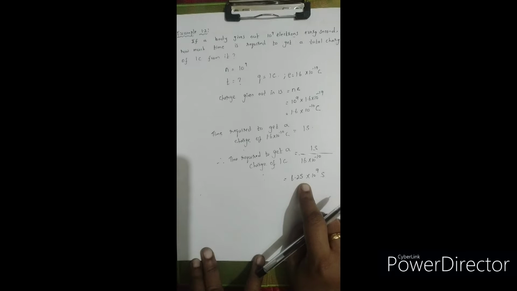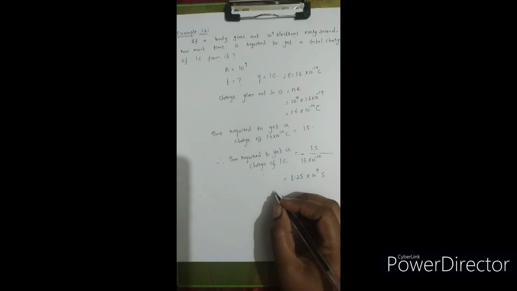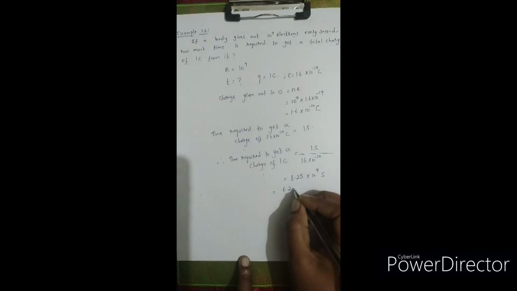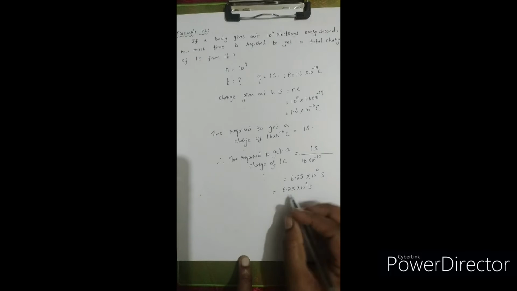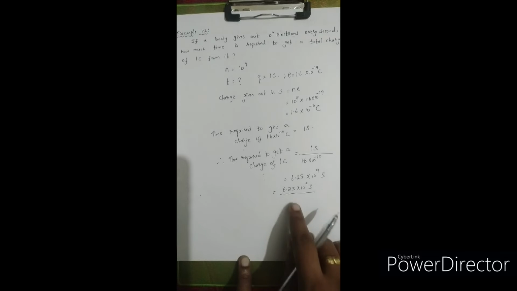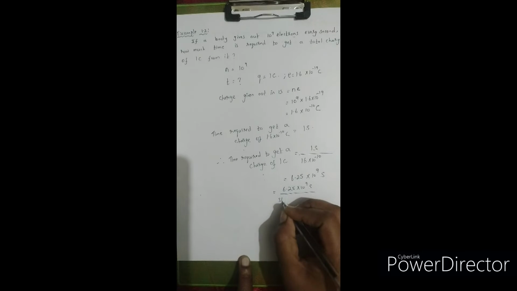In your book they have calculated it in years. So let us convert it into years. How will you convert it into years? 6.25 into 10 to the power of 9 seconds divided by a year. In a year how many days are there? 365 days.